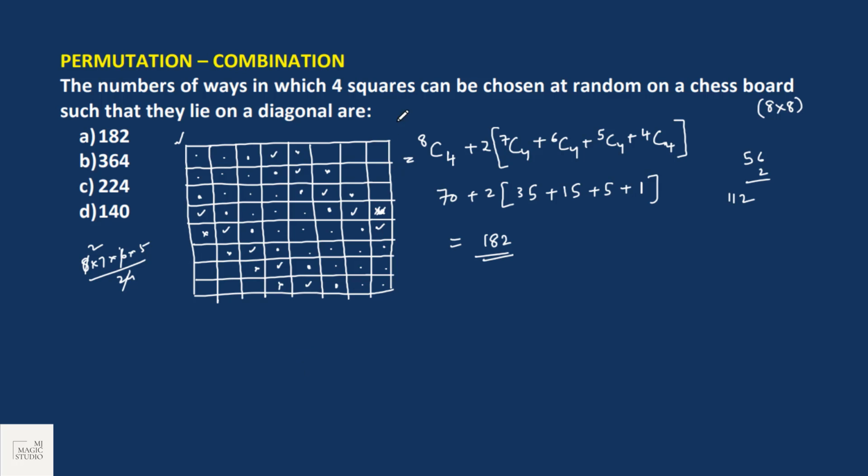This is for the primary diagonal we have started with. But again, the same number of choices we will have if we start from the secondary diagonal. So the number of ways in which this can be done is 182 into 2, that is 364. Option B is the pick.